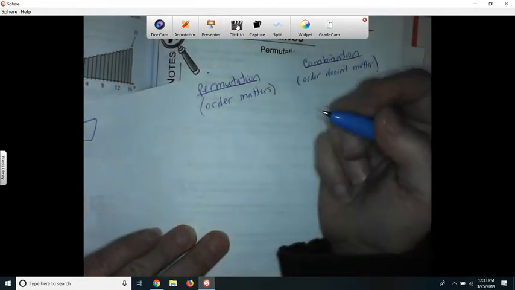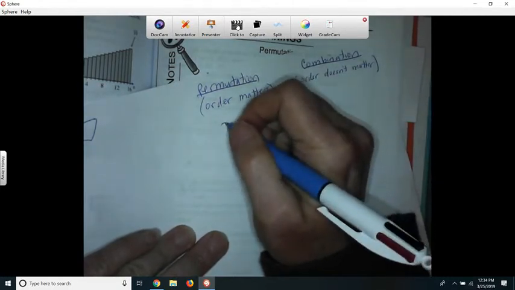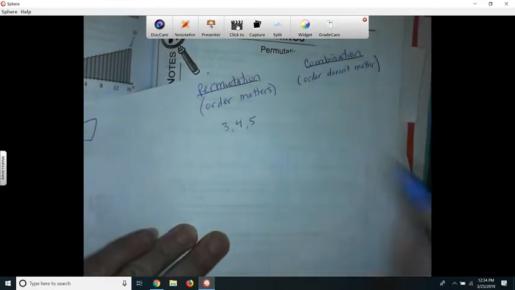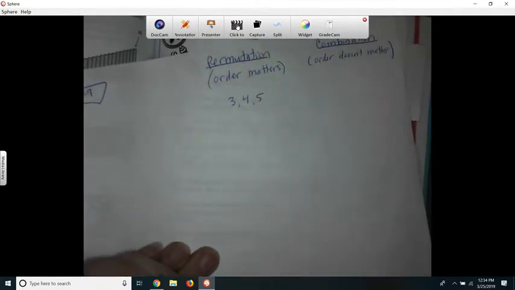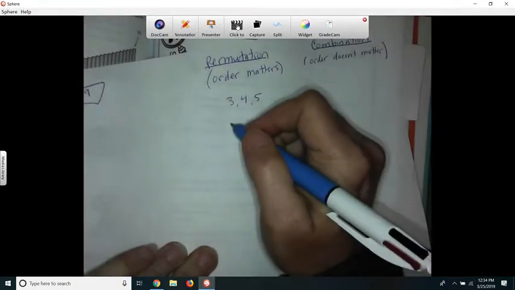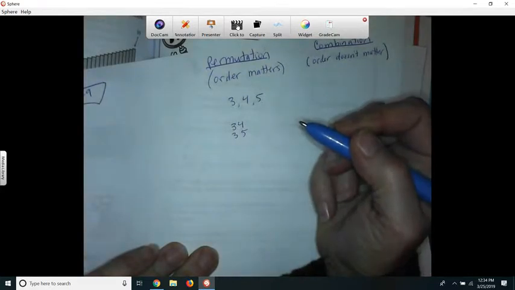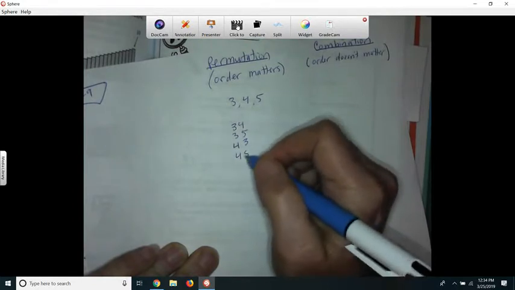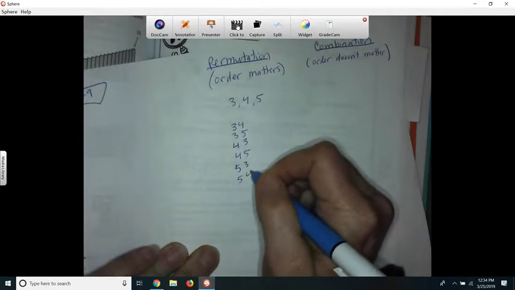Okay, so if I wanted a permutation of something and the order matters, that would be like if I had 3 numbers, let's just say the numbers 3, 4, and 5. How many 2-digit passwords can I make with these numbers? Well, I can make a 34, or a 35, or a 43, or a 45, or a 53, or a 54.